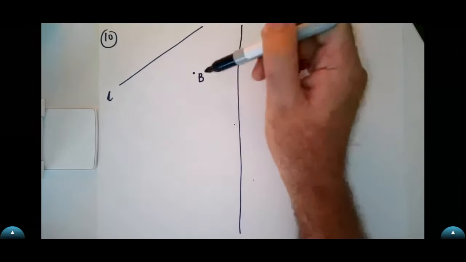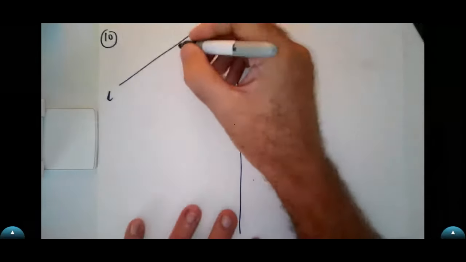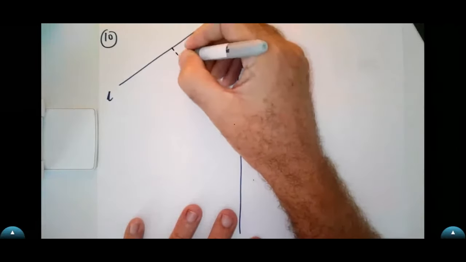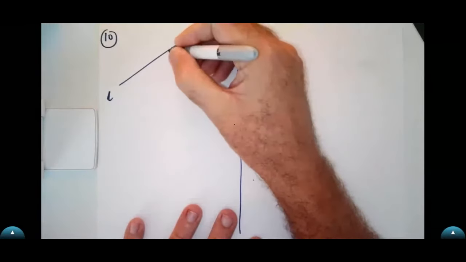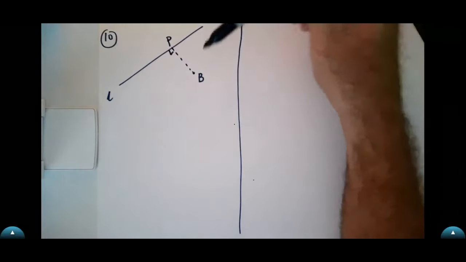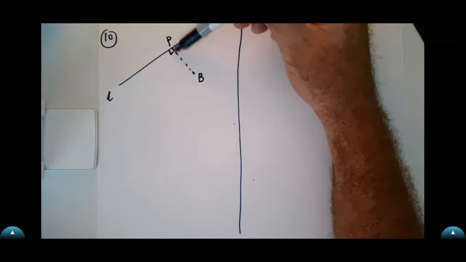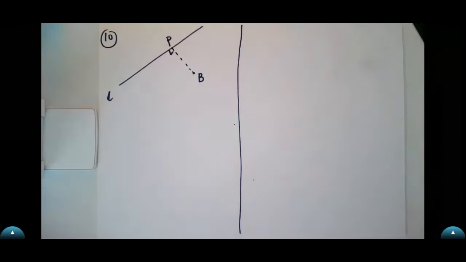So you've got a line and you've got a point B that's not on the line. And what this question is asking you to do is to work out the minimum distance from the point B to the point on the line. So you've got a little perpendicular line segment there between this point and this point.